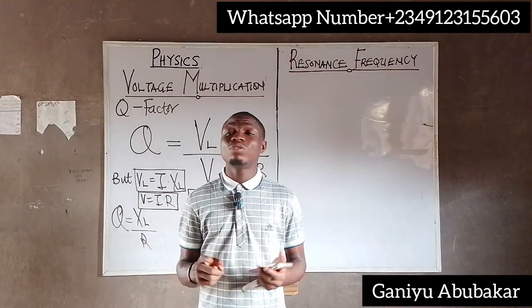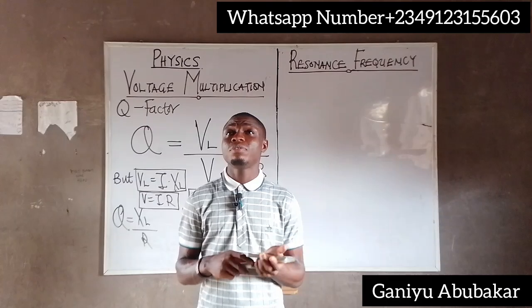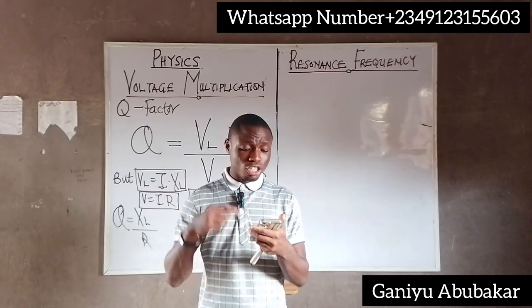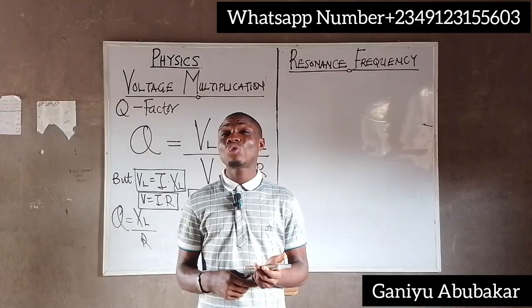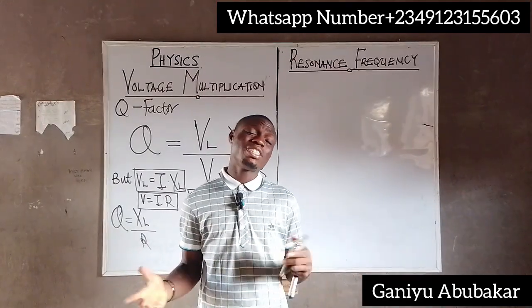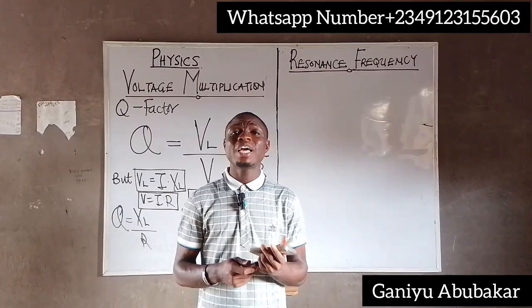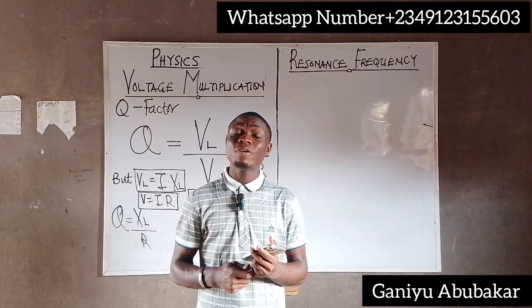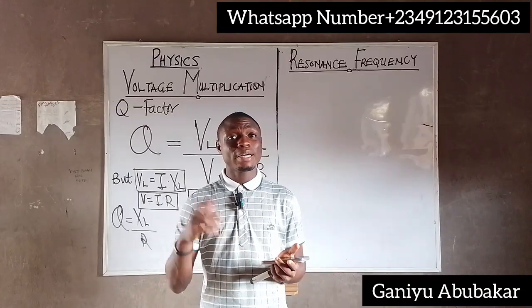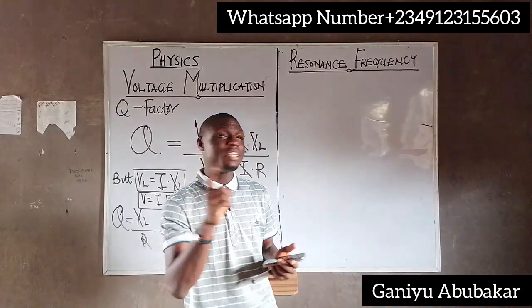When it comes to resonance frequency, the idea there is that I'm equating the inductor reactance with the capacitor reactance. So for resonance to occur, there must be an equal inductor and capacitor.